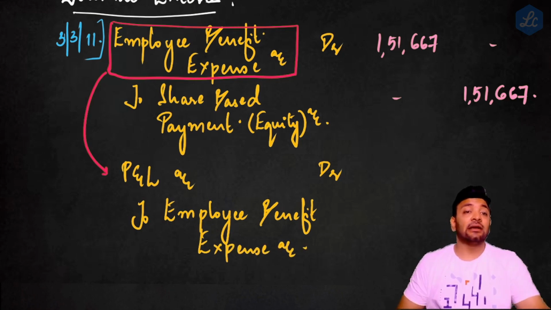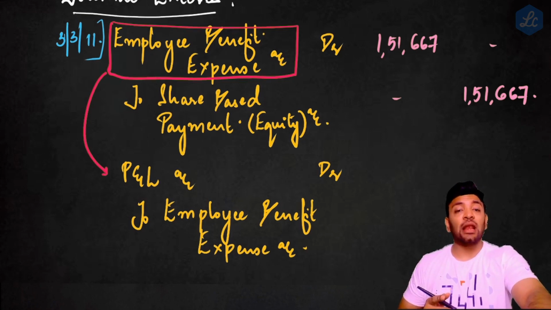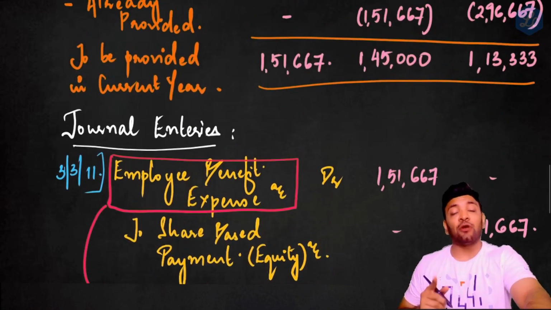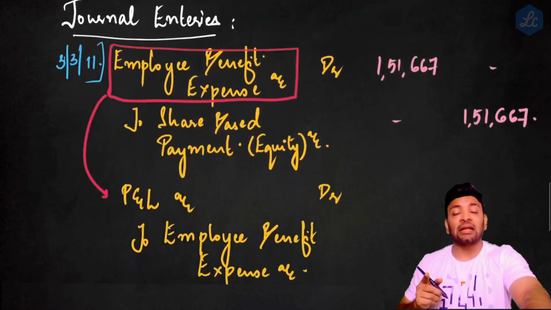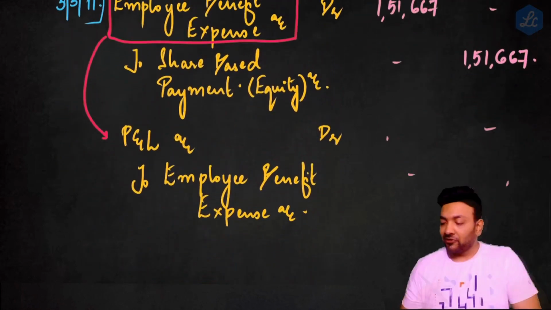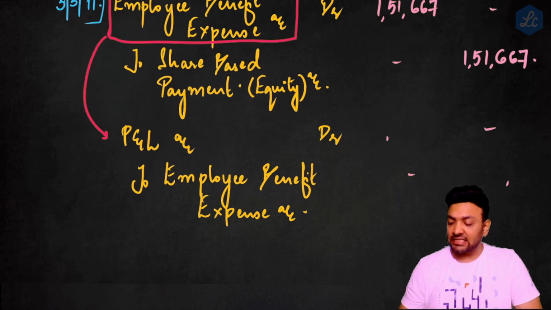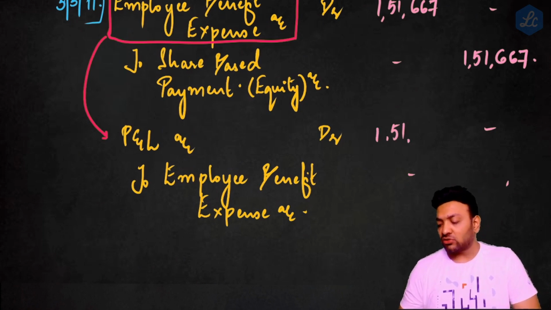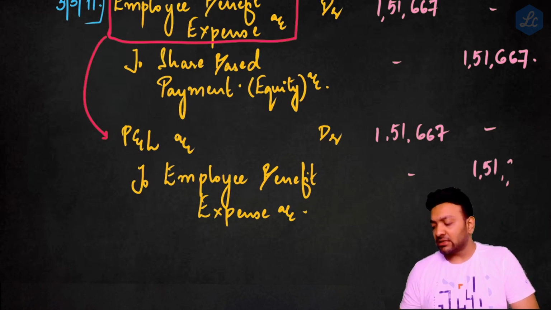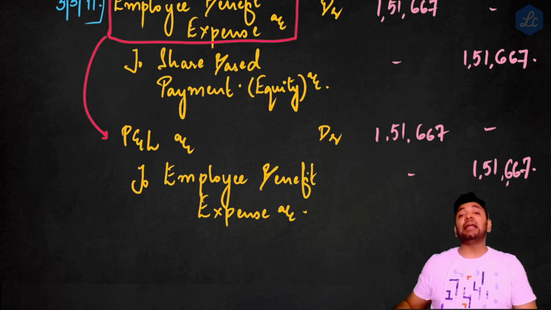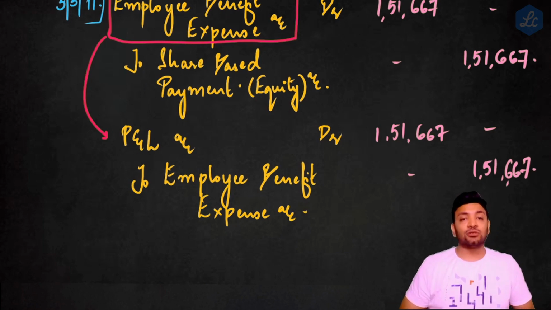Amounts keep on changing because on 31st March 2012, I'll have to pass the entry for 1,45,000. 31st March 2013, I'll pass the entry for 1,13,333. First year transfer to P&L is still the same, 1,51,667. Second year, the entry will be 1,45,000.